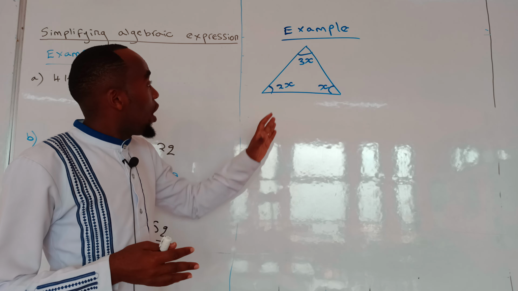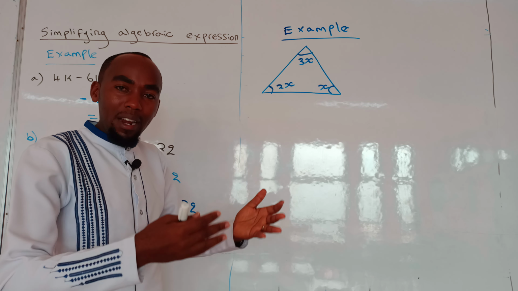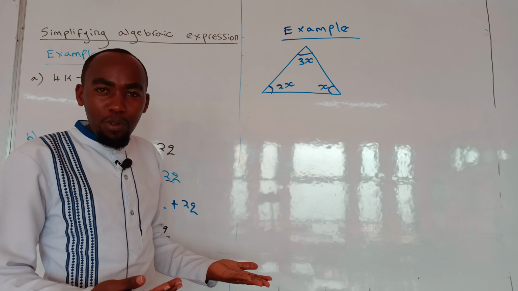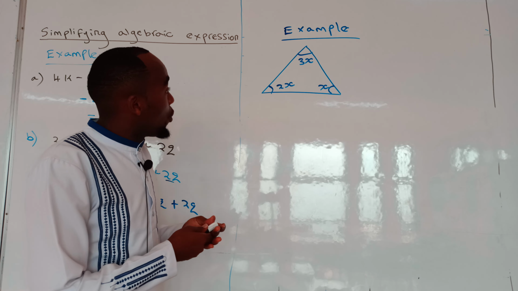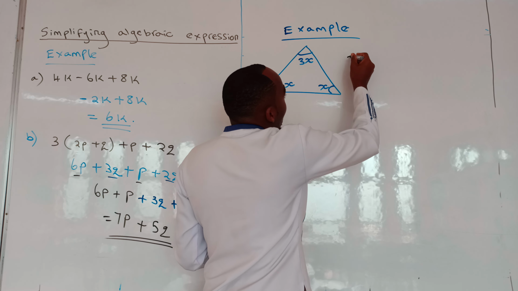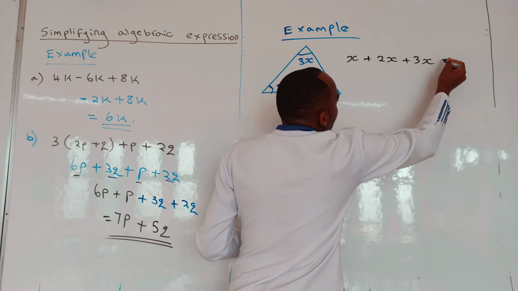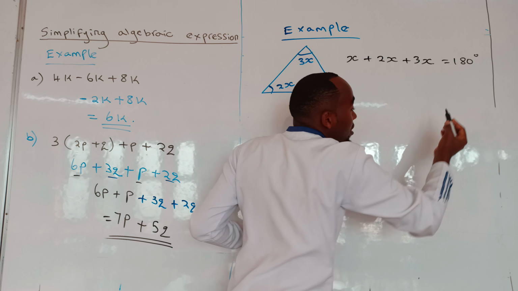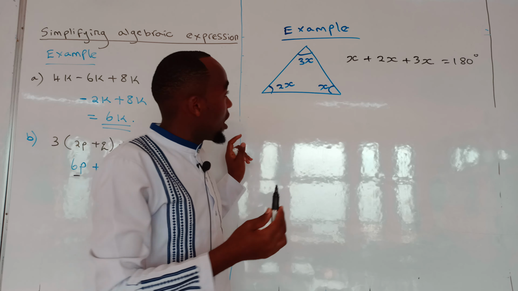We know very well when you add the 3 angles in a triangle, they add up to 180 degrees. Therefore, how do we form an algebraic statement with that? We say that x plus 2x plus 3x is 180 degrees because that is what we know about the properties of a triangle.